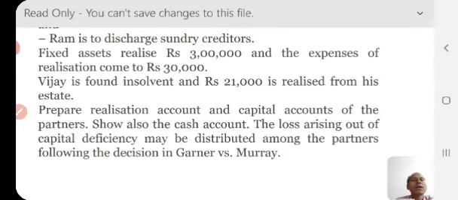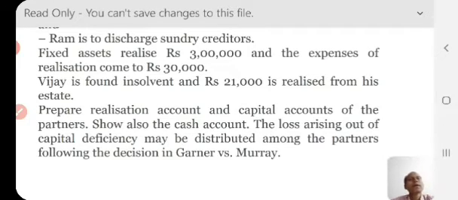Prepare the realization account and capital accounts, and show also the cash account, as per the decision in the Garner versus Murray case.